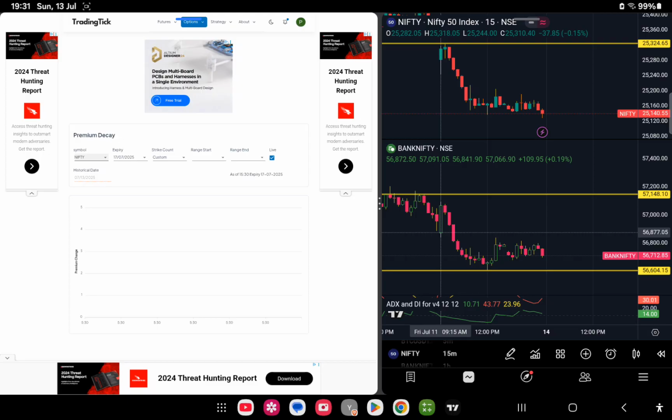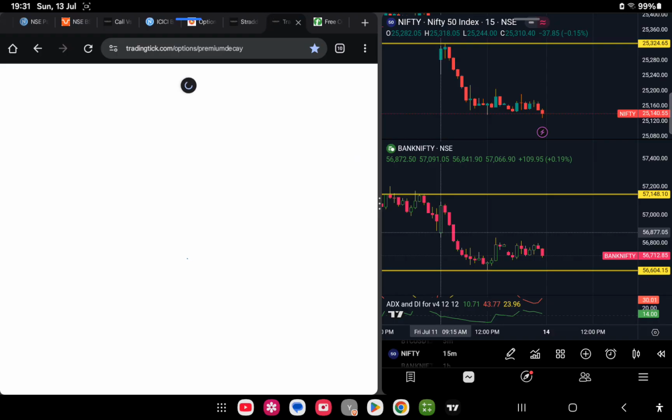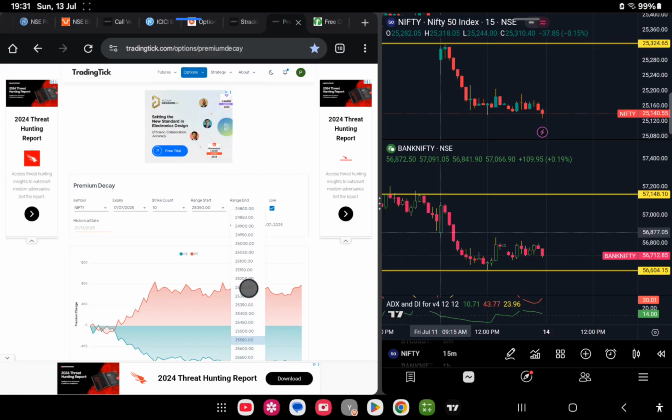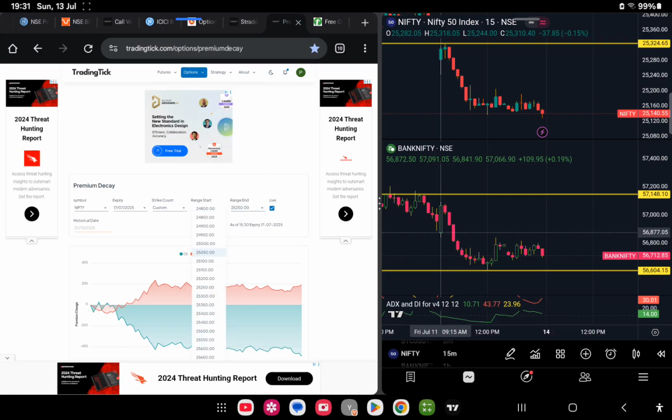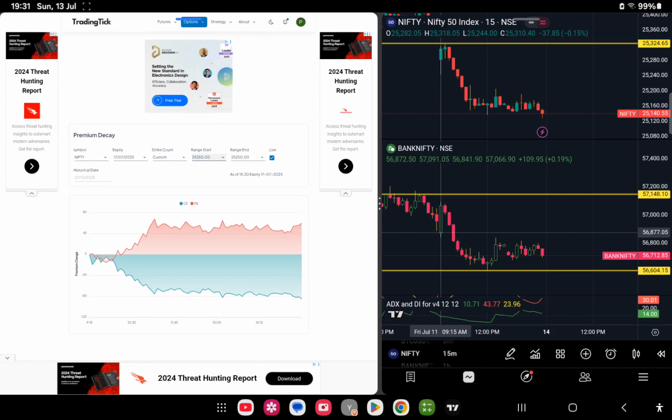Okay, now we'll go and check for Nifty. Nifty open was 25,250. I'll take 25,250 start range as well as end range. And then you could clearly see here that at the start the decay was very prominent because the IB was ranging in 11.